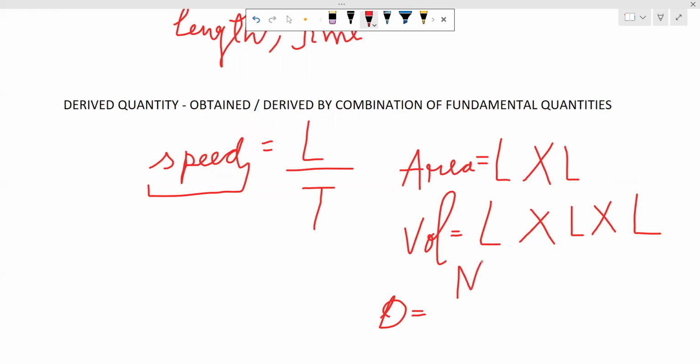How? Mass by volume is your density. Mass is a fundamental quantity, volume is a derived quantity. हम लोग combination किया आया एक derived quantity. So derived quantities are obtained by combination of fundamental quantities. Now we will learn about measurement of length.